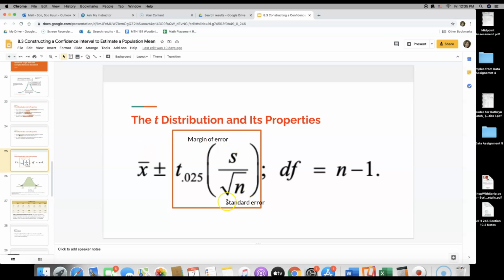Now the margin of error is really what's in this orange box. It involves multiplying the critical T value times the sample standard deviation divided by the square root of the sample size. Nowhere in this orange box do we have the point estimate, the sample mean. That's something that we add and subtract this margin of error from.